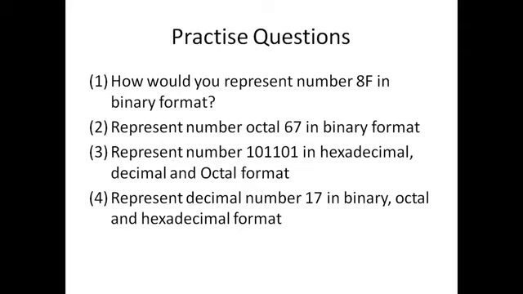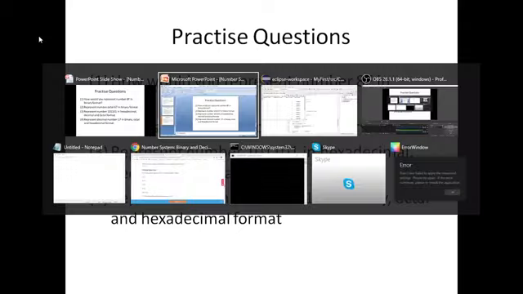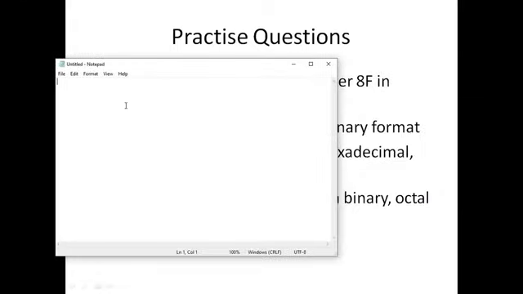Let me show one example of how to do it. You group every 4 bits to form a hexadecimal digit; now we do the reverse. 8 is represented as 1 0 0 0, and F, all bits set to 1, so 1 1 1 1. This is the binary format for 8F in hexadecimal.